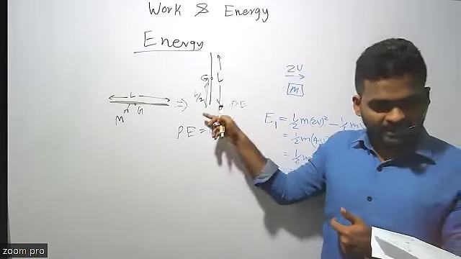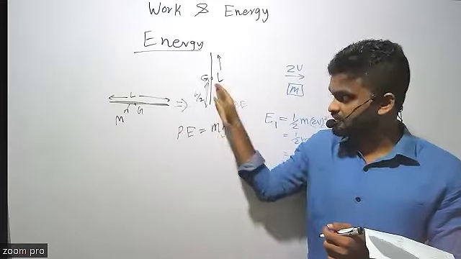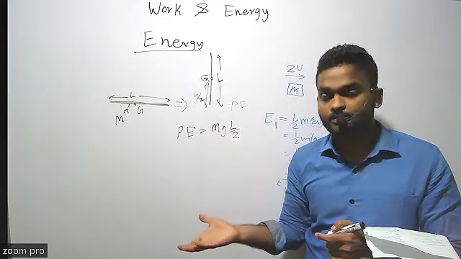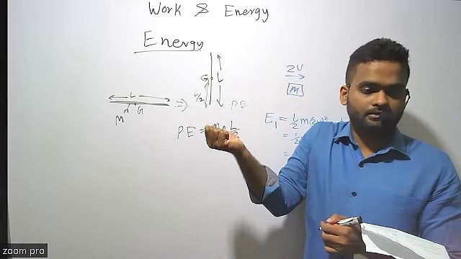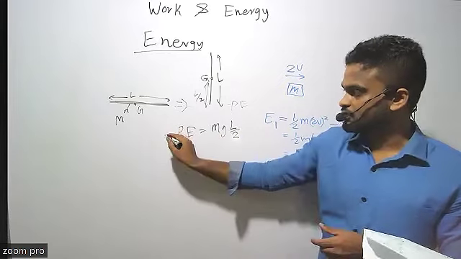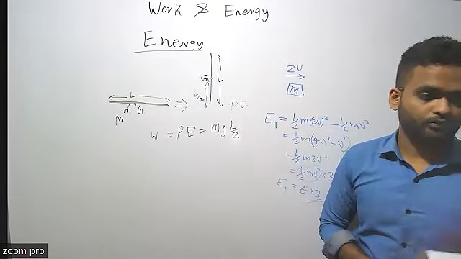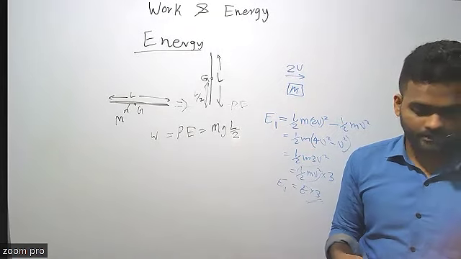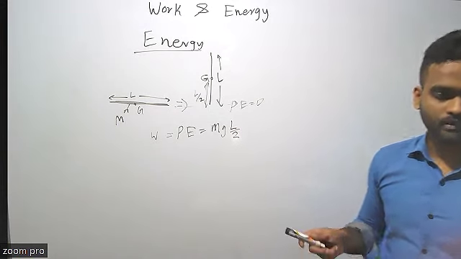This potential energy is the increase of energy, and that increase was caused by the work we did. So the work we did should be equal to this one, MgL over 2. Understood, right? Take it down. Draw this, then take it down. Then try the 12th question.